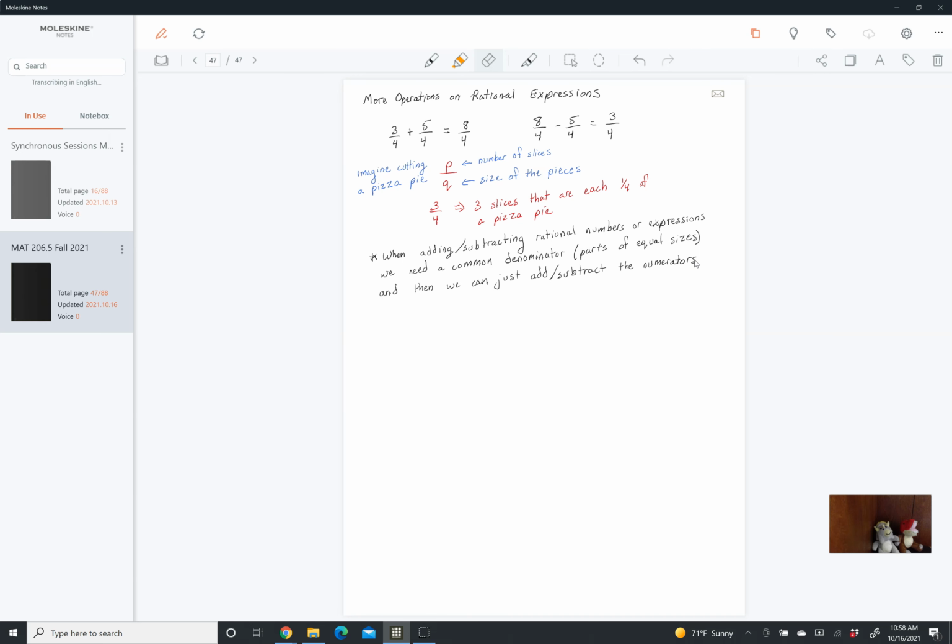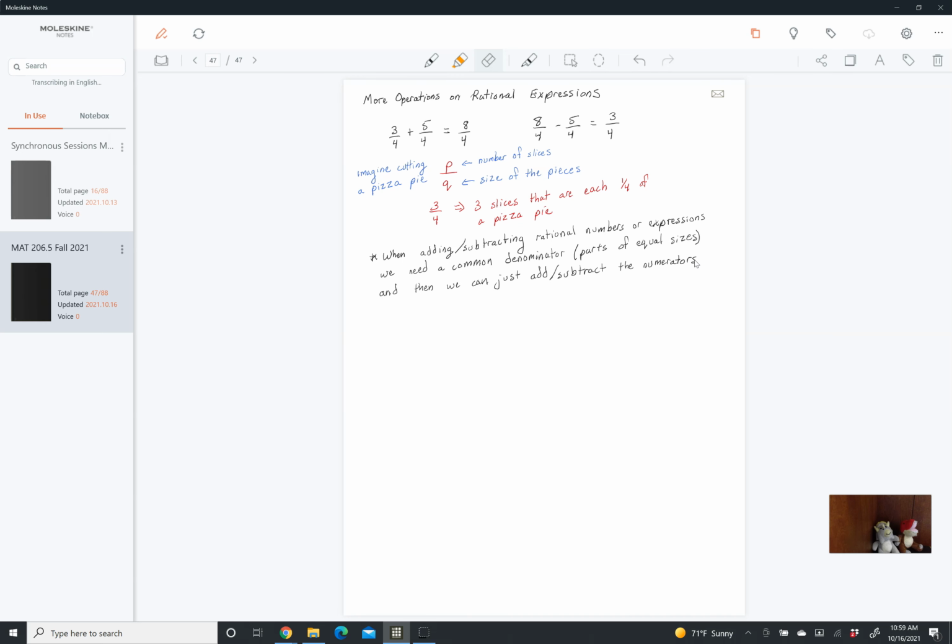Okay, so what do we mean by a common denominator? So the common denominator is the least common multiple of all of the denominators. So we've actually done this before when we were solving linear equations that had fractions in them, that had these rational numbers. We looked for these least common denominators, okay?